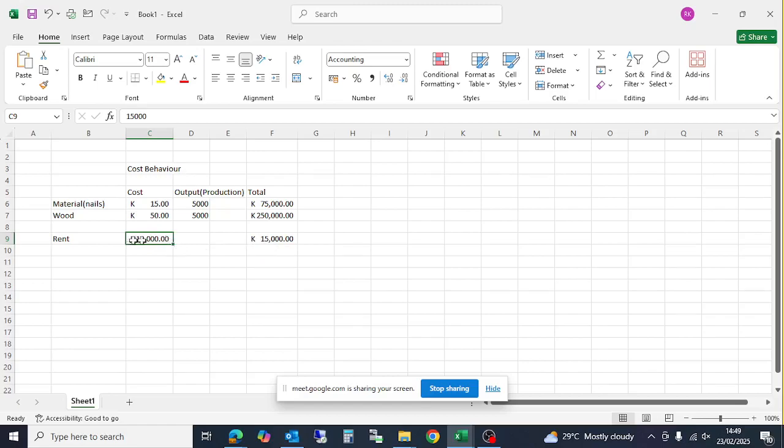But this building, or this factory, can only accommodate 7,000 desks. So for as long as it's below 7,000, we pay 15,000 kwacha because we only need one building, right? You get my point?